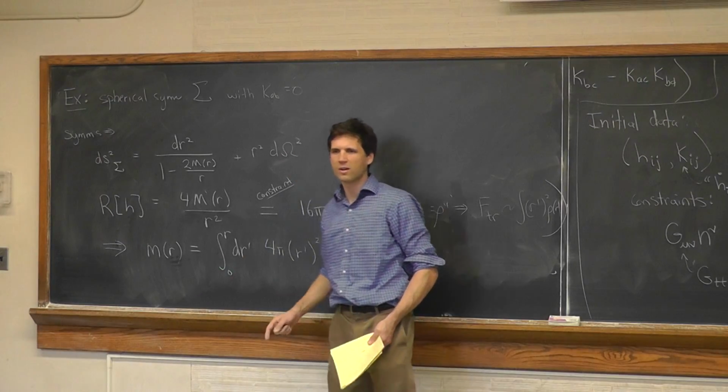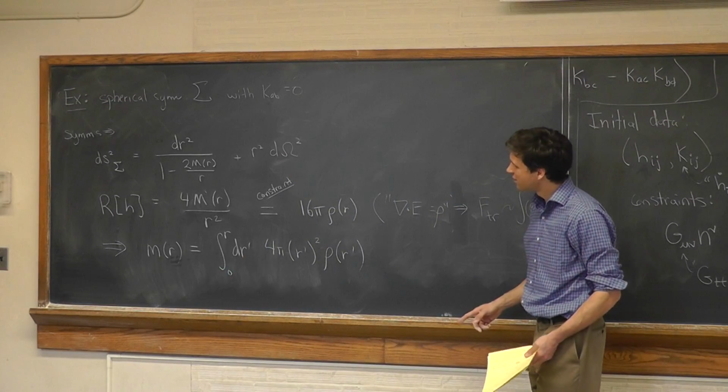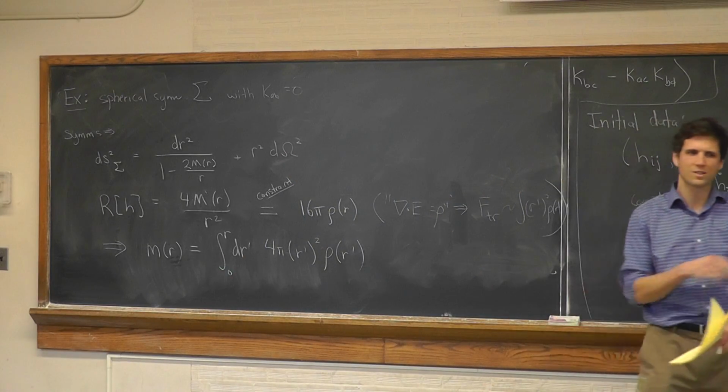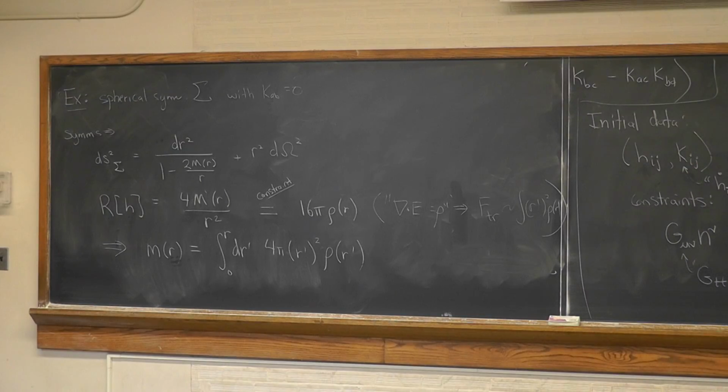This is also a good demonstration of the fact that we were justified in calling the M in the Schwarzschild solution the mass, or the energy, of the Schwarzschild solution. Because, as we see here, if you did have some spherically symmetric mass distribution, this really would be adding up all the energy on the inside.